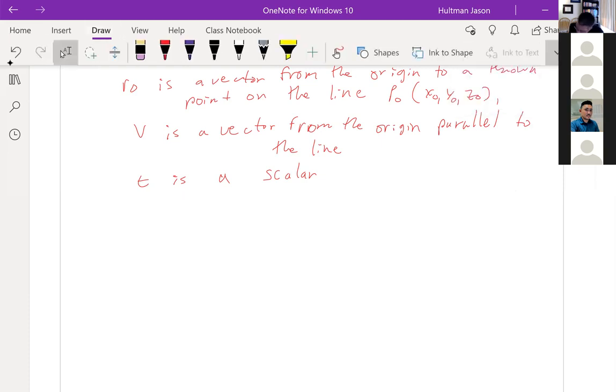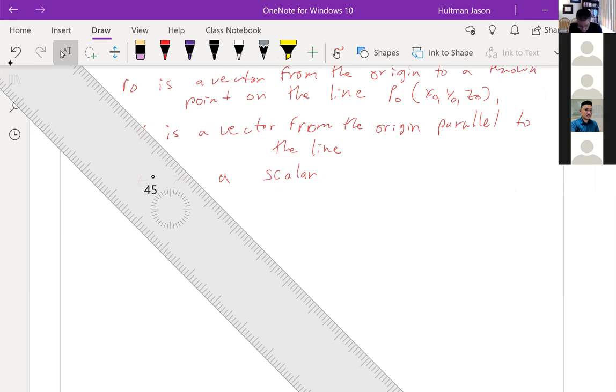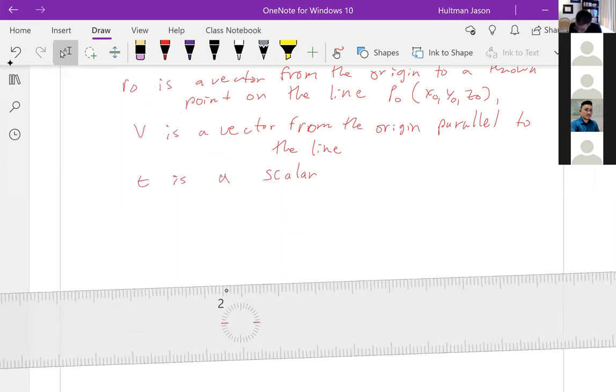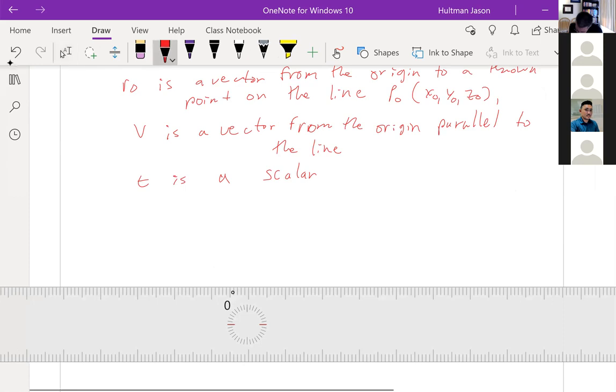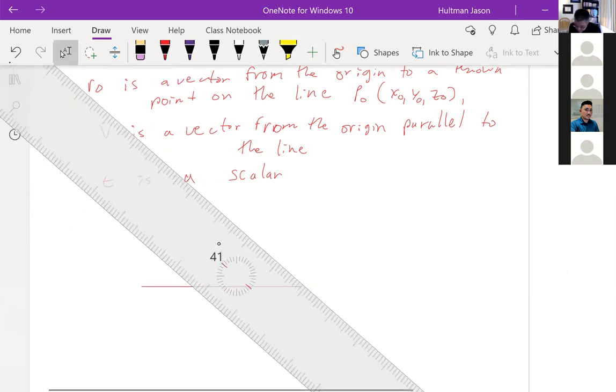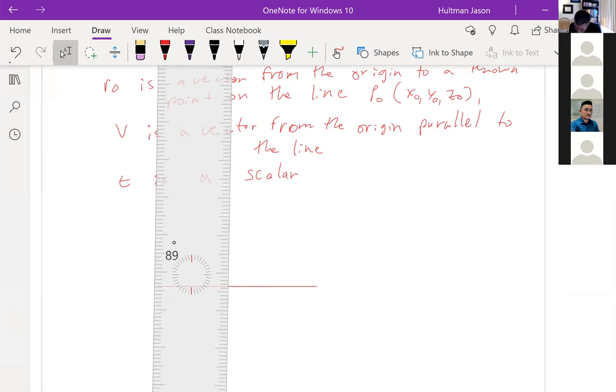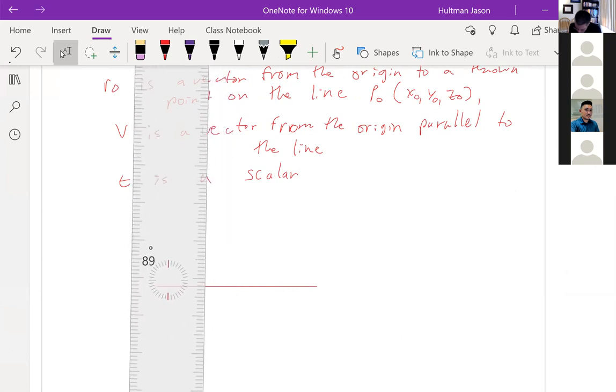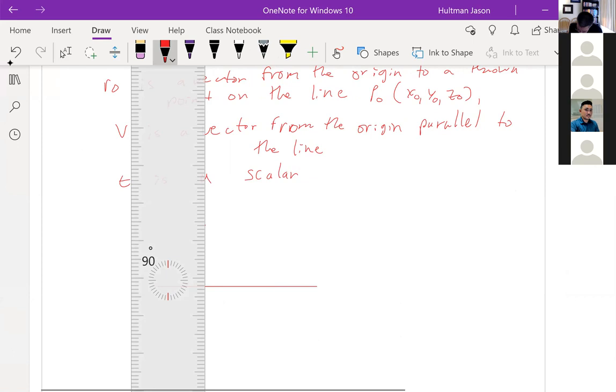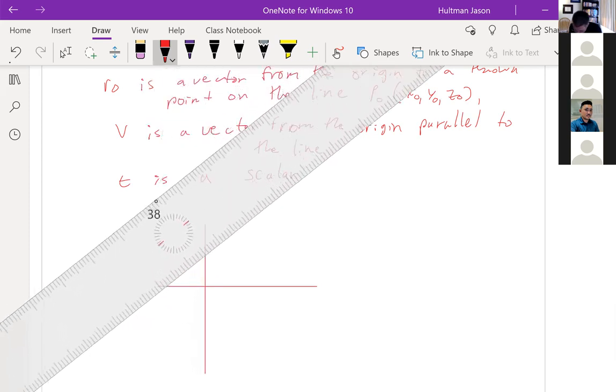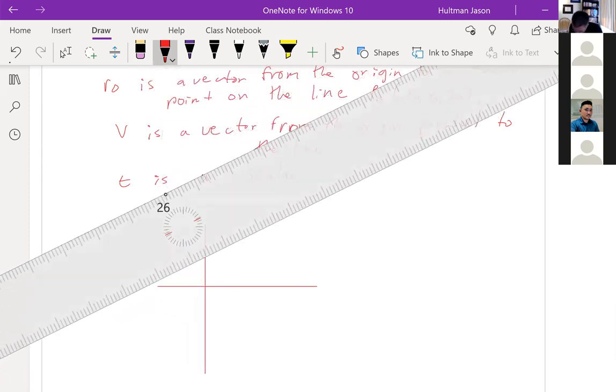Let's take a look and see what's happening. I'm just going to draw a line, a random line here, maybe in purple.